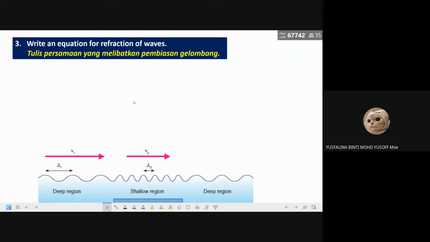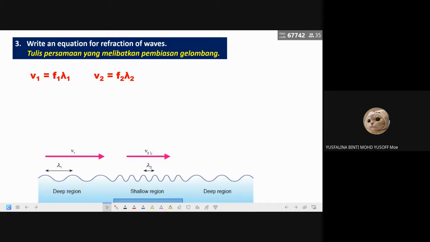Alright, so the next one you have to write an equation for refraction of waves. So this is the formula, V equals F1 lambda 1. This one describes the deep region here. V1 equals F1 lambda 1, and V2 equals F2 lambda 2.